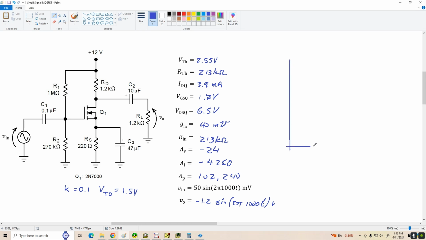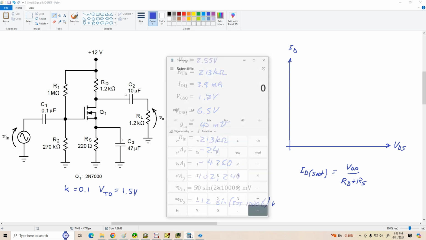So we're going to do ID versus VDS, and let's put our DC load line on here. Remember, we're going to find ID in saturation, and remember, this is saturation in terms of load lines, not device parameters here. So ID sat is VDD over RD plus RS, okay? The same as we would have found for a bipolar transistor, VCC over RC plus RE.